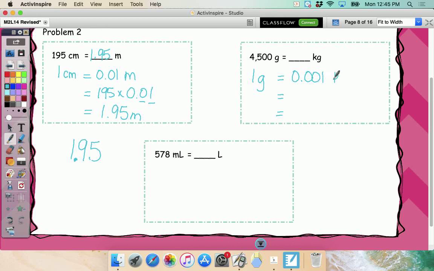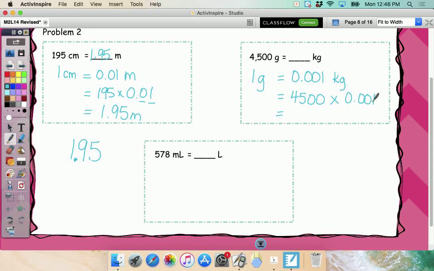Good. All right. So now that I've got that done, what does my multiplication sentence need to be, Gage? 1 times 1,000th. Okay, so 4,500 times 1,000th.